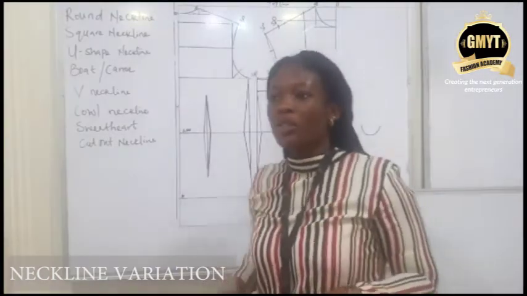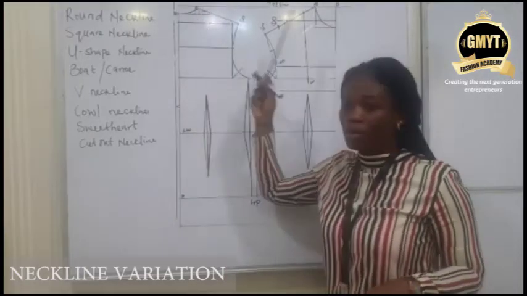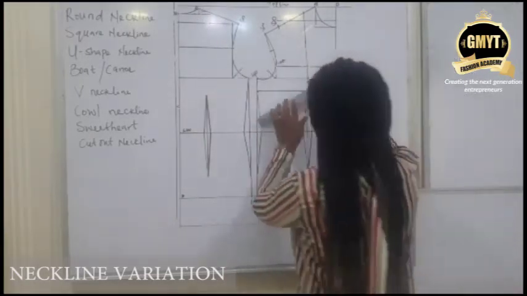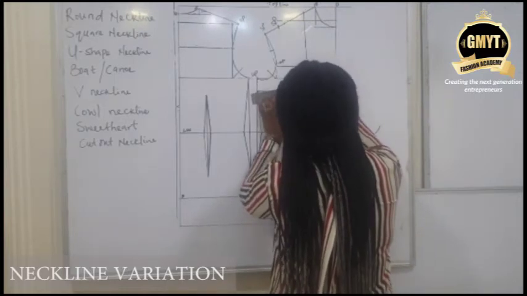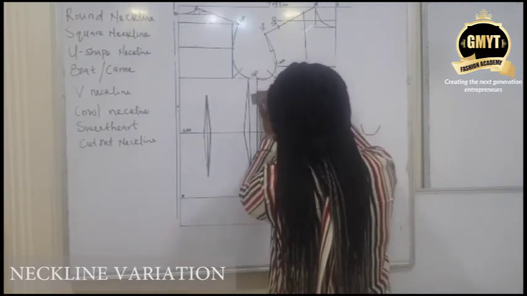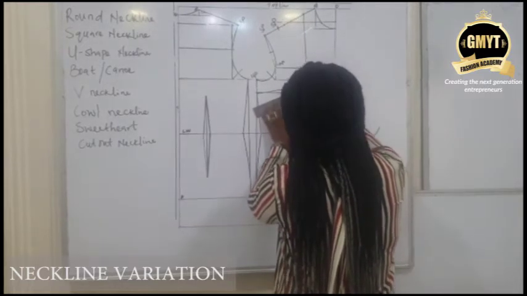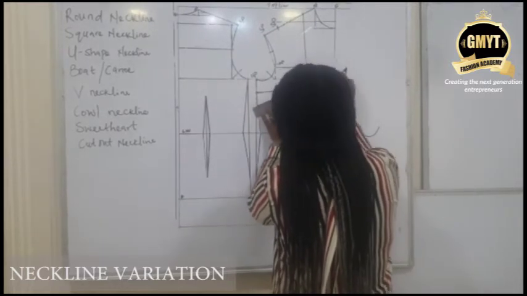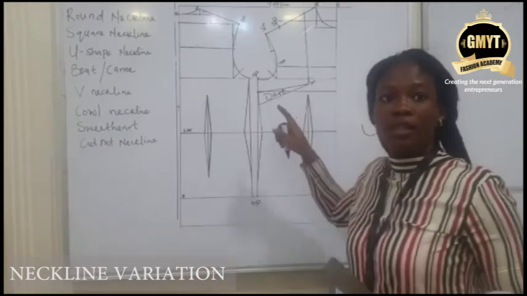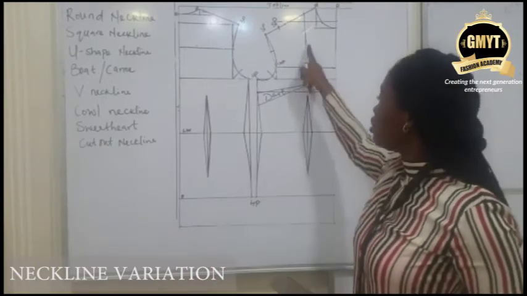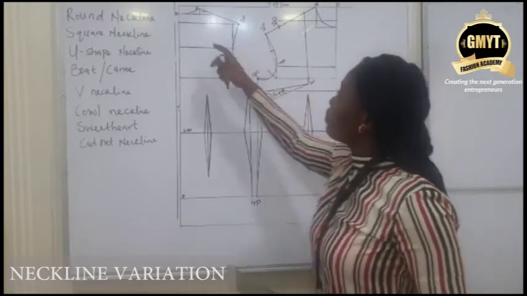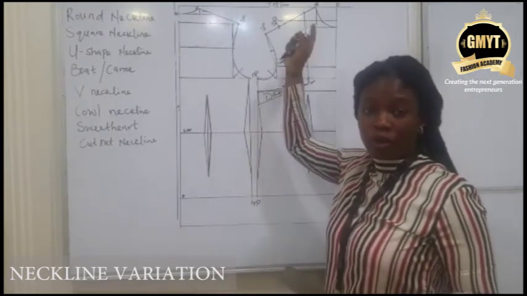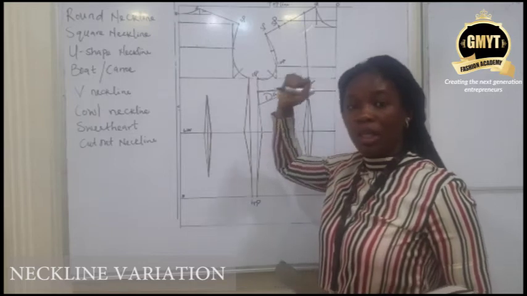Okay, so now I've checked my two shoulders, that is after I've transferred this dart, transferred my shoulder dart to my underarm temporarily. Then I cross-check my shoulder, front and back. It has to be the same thing.